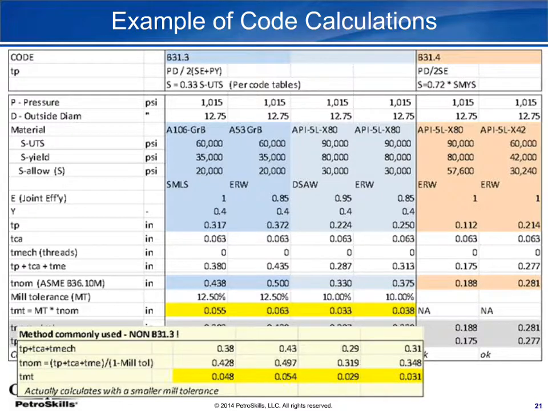In the examples that I used for B31.8 on the other side, you can see the difference in joint efficiency, because for X80, DSAW or ERW are 0.95 and 0.85 joint efficiency, and that also affects the calculated wall thickness. So yes.